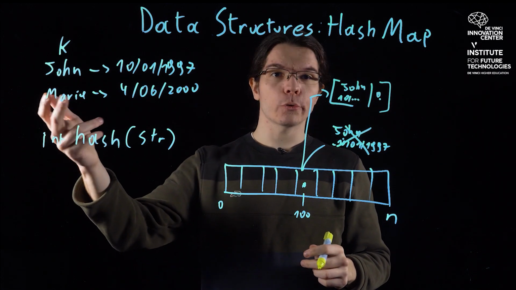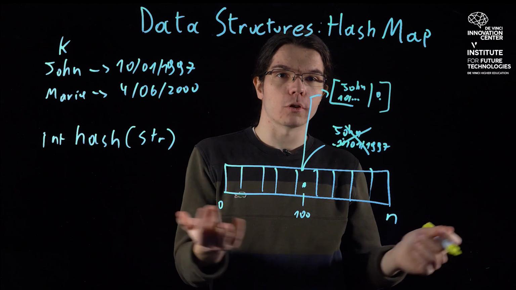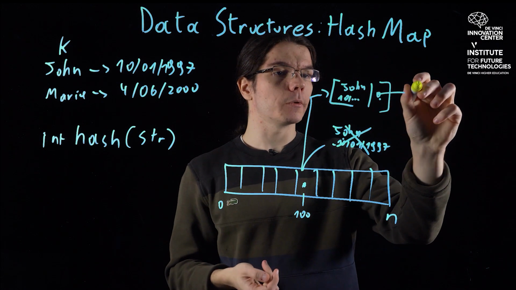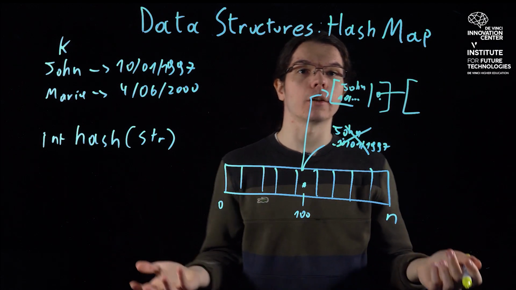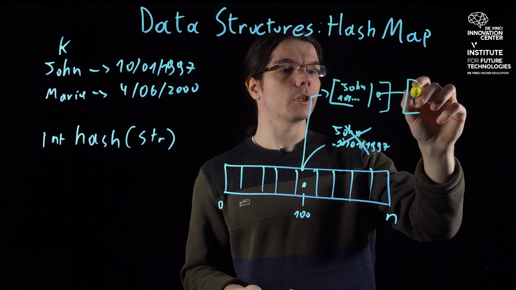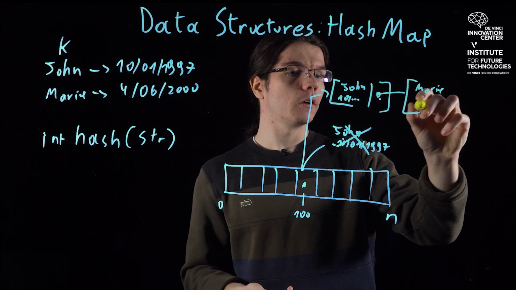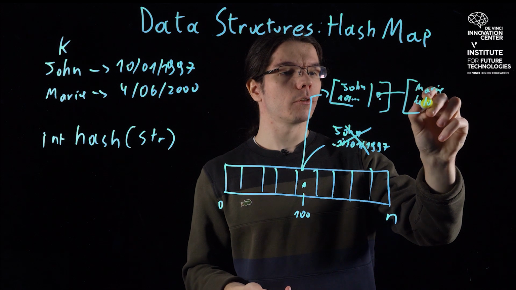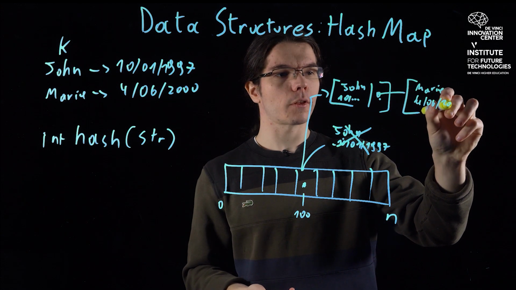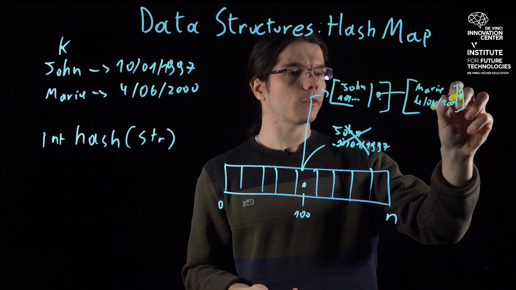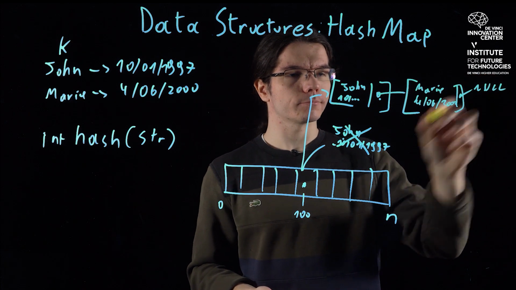And if Mary also has hash number 100, the next element is going to be Mary because I added her after John. So here I'm going to have Mary, date of birth, 4/6/2000, and next element, which is nothing.